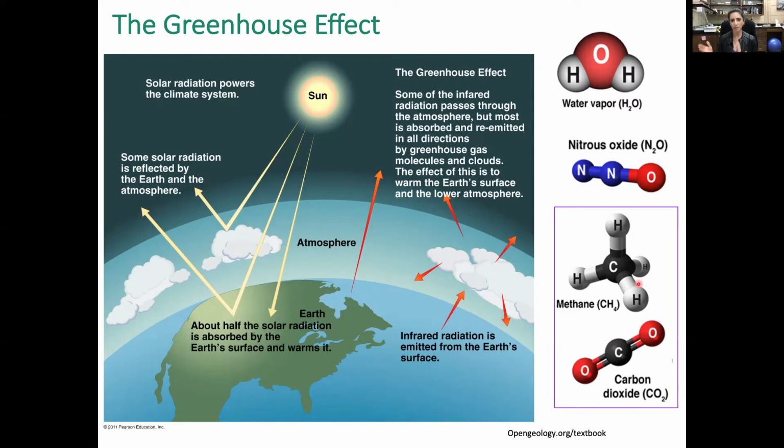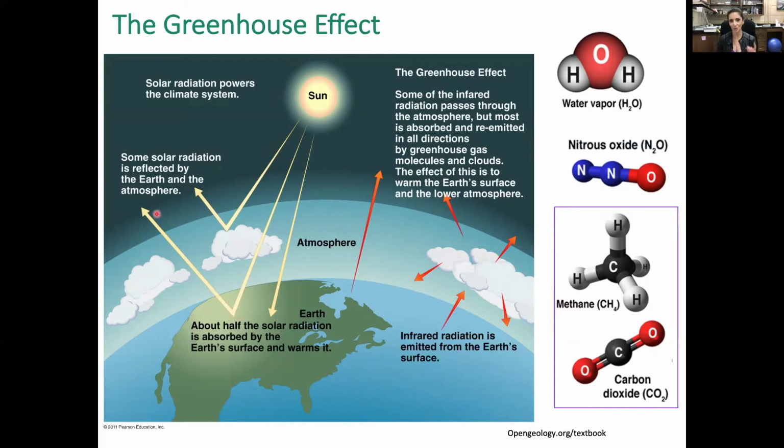So let's walk through the different steps of the greenhouse effect. First, we have solar radiation. Okay, solar radiation powers the entire climate system of our planet. That solar radiation penetrates our atmosphere. Some of it does get reflected back by clouds, for example, and some of it, about half of the solar radiation, is absorbed by the Earth's surface and it's warmed by it.